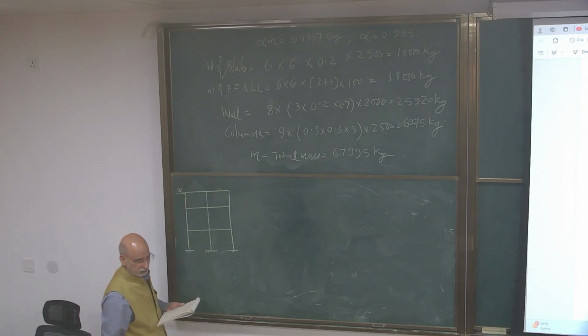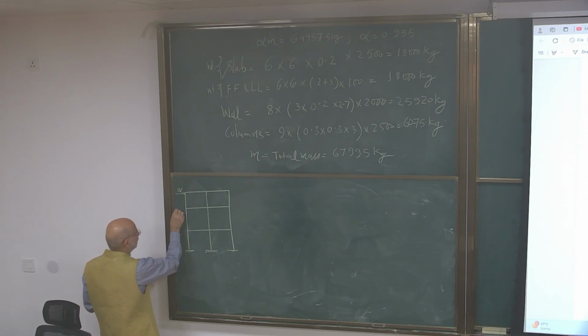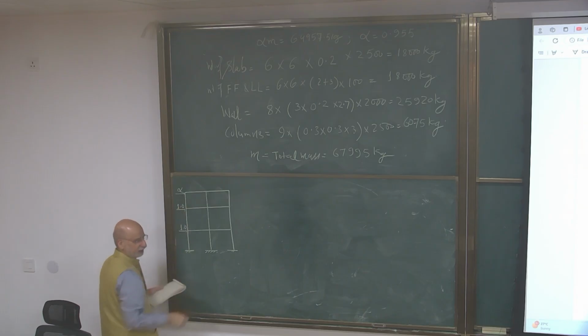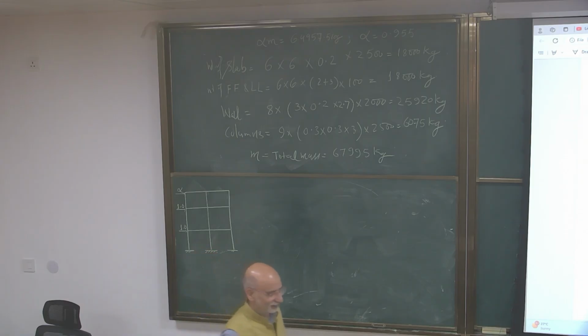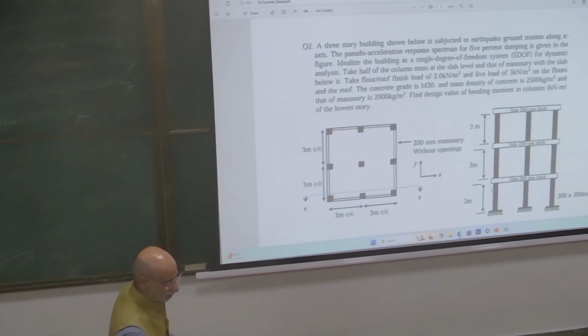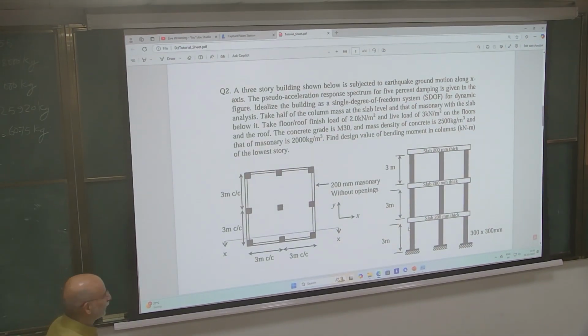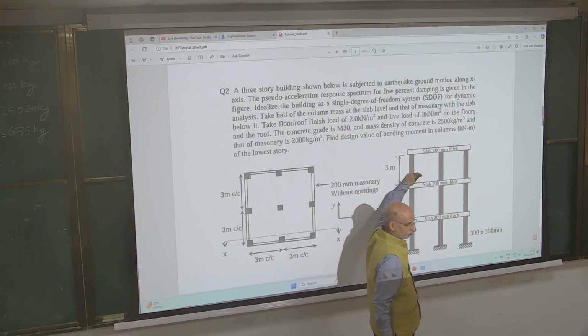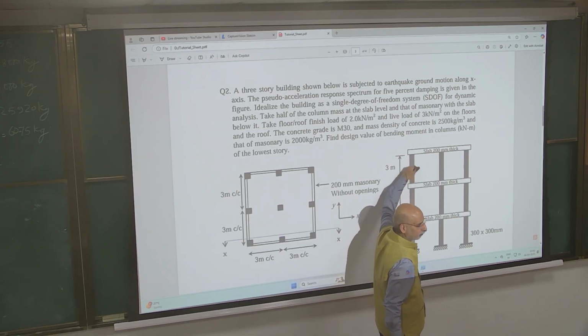This is suppose alpha, then how much this one and this one? If I take this as a 1, yes? The top slab, the wall mass should also come as half. Yes, it will be half. Yes, that is true. So whether you have done it or not, you could have done it. Everything is half. Here is full, everything is full, wall as well as column. But here only half of mass is going.